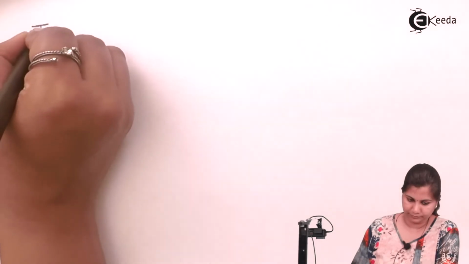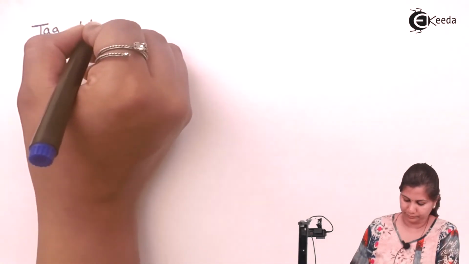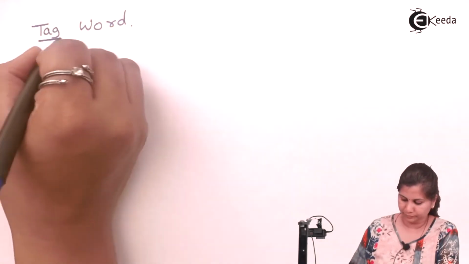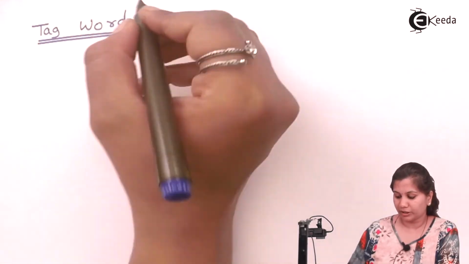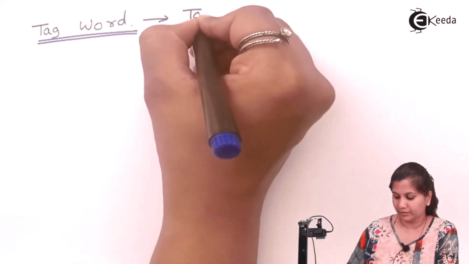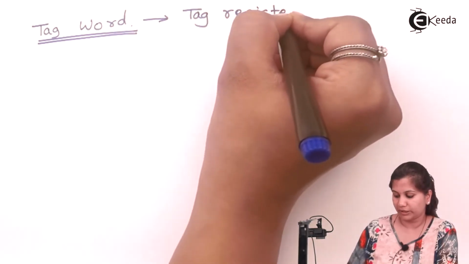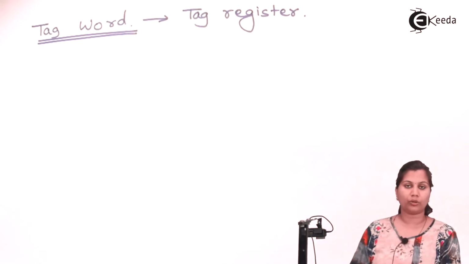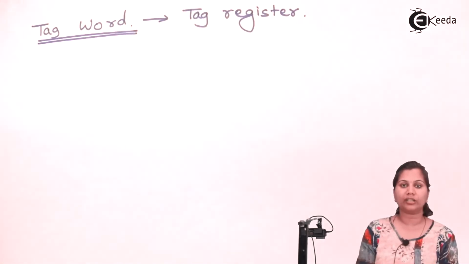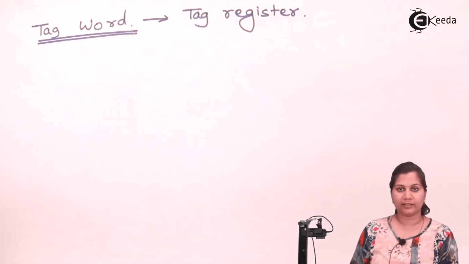Now other than this register stack, we have the tag word. This tag word is stored in the tag register. Just like control word and status word are stored in the control and the status register, tag word is stored in the tag register.